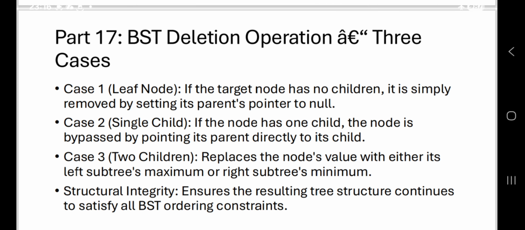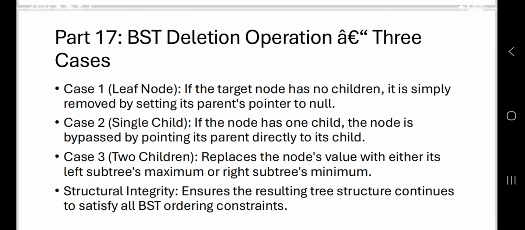BST deletion operation with 3 cases. So deletion is a bit more involved and is broken down into 3 cases. Case number 1, the leaf node. If the target node has no children, it is simply removed by setting its parent's pointer to null. Case number 2, the single child. If the node has one child, the node is bypassed by pointing its parent directly to its child.